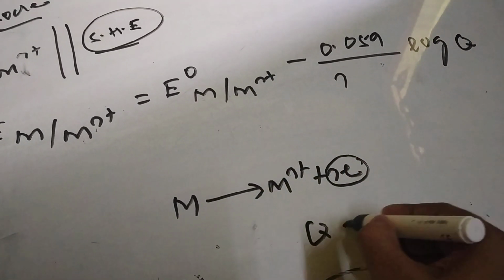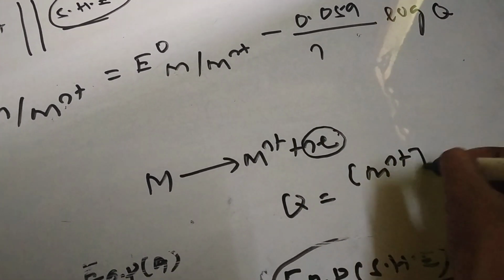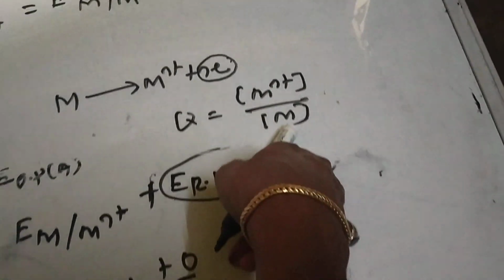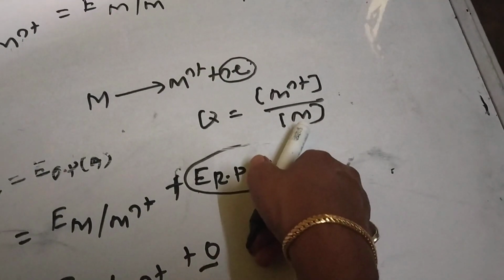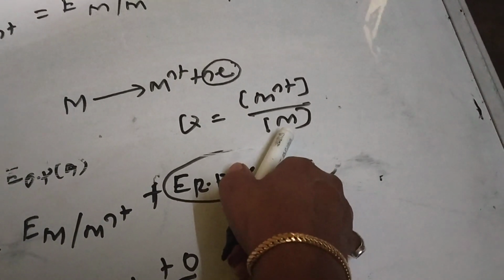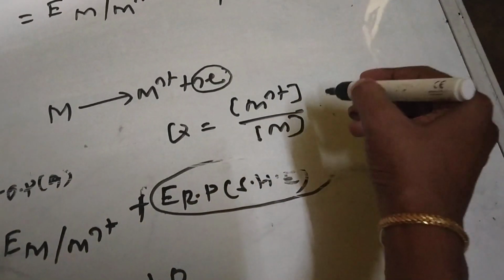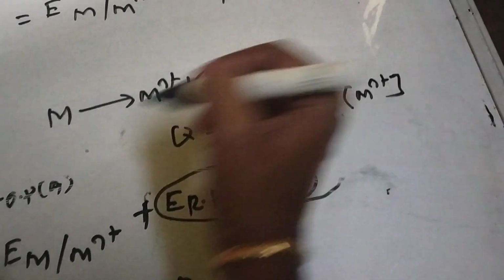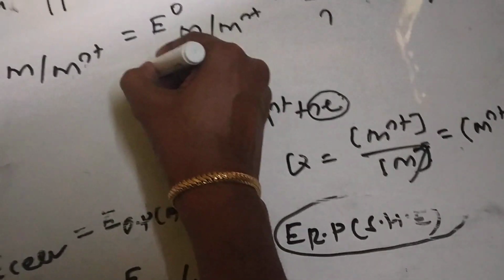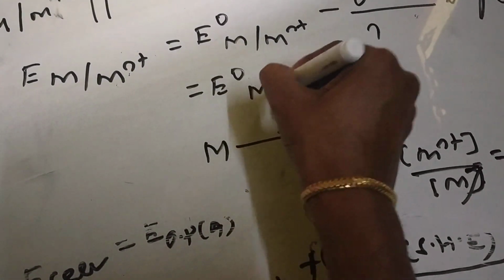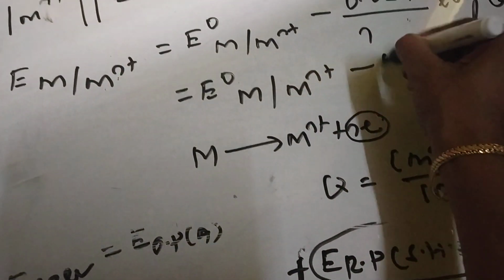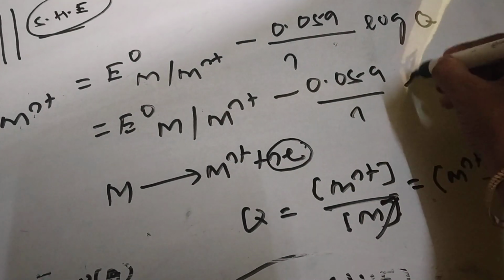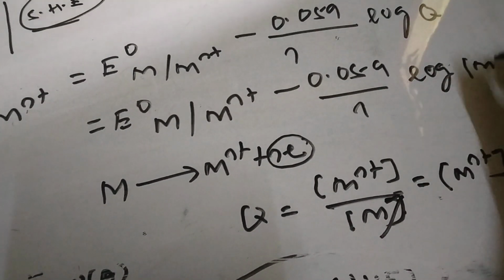And what is the Q value? As I have written the equation M is converted to Mn+ plus n electrons, Q is the concentration of Mn+ divided by the concentration of M, and this metal is a pure solid, so I can take its concentration as 1. So this is equal to E naught of M to Mn+ minus 0.059 by n into log of concentration of Mn+.